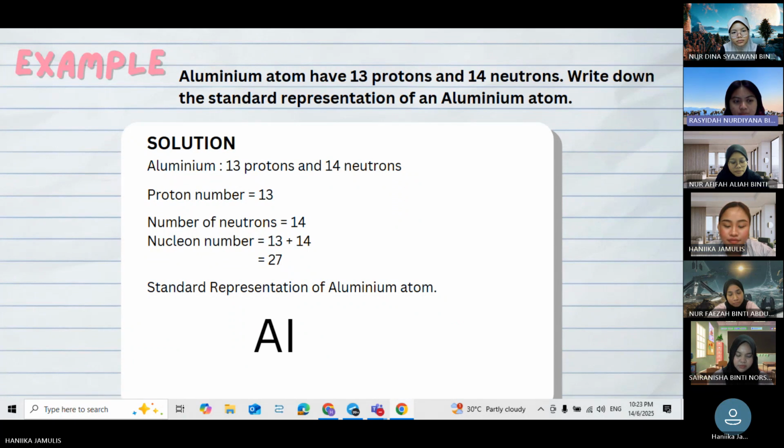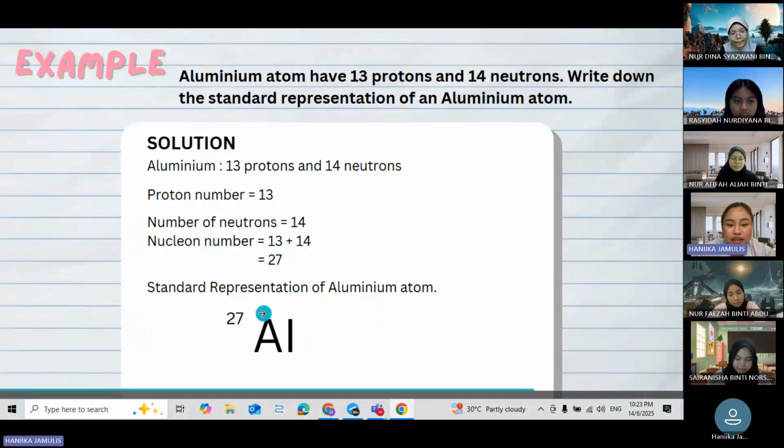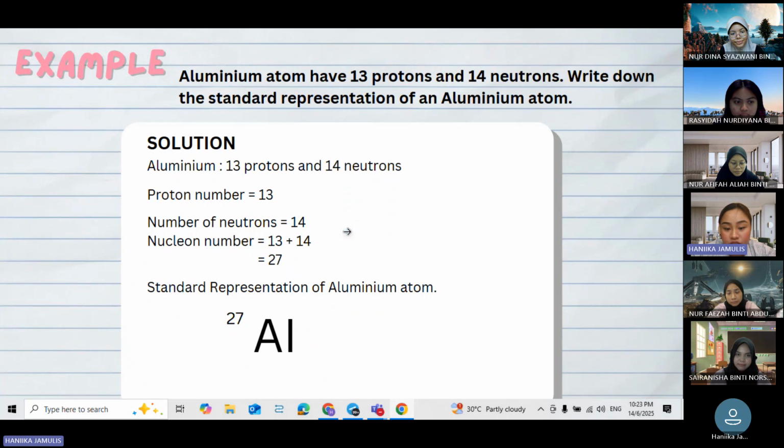We need to write the nucleon number at the top left of the symbol, teacher. Yes, Nana, good. We need to write the nucleon number at the top left. And for the last part, we write the proton number at the bottom left of the symbol.